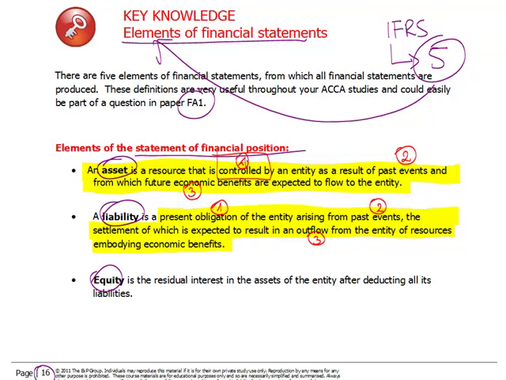The details of liabilities and liability recognition will be discussed later in your studies, because this is quite a complex area of financial reporting. Right now, just remember the key element here is the present obligation, and the key word of that key element is the word present. So we only have a liability, we only owe something to someone if we owe it now, not if we can possibly owe it if something happens. No, only if we owe it now.